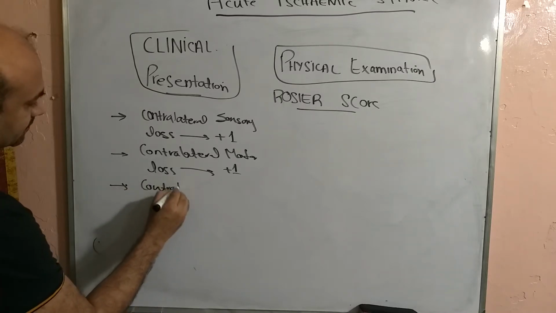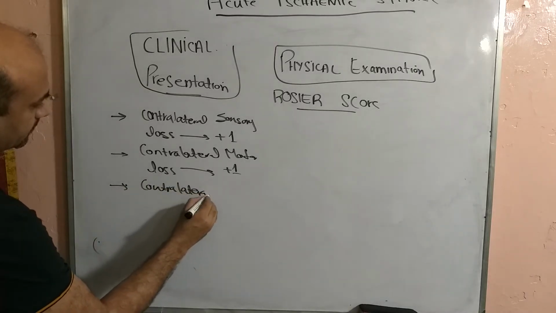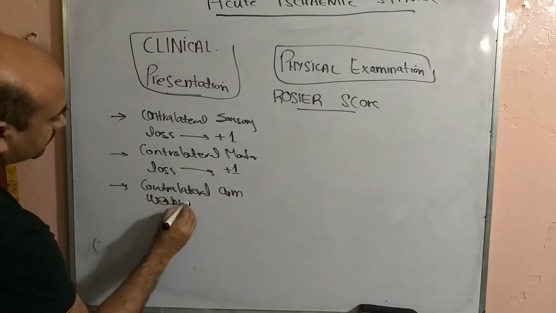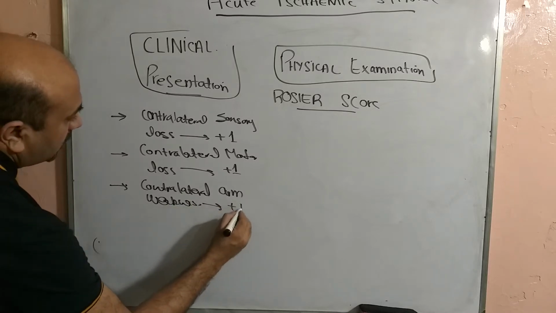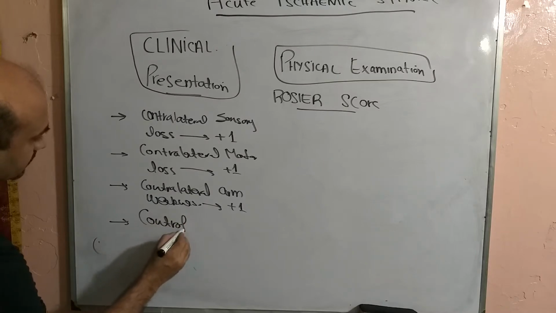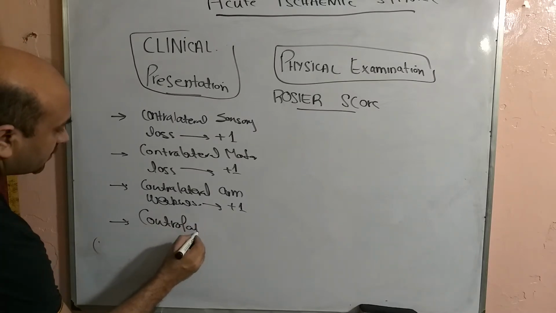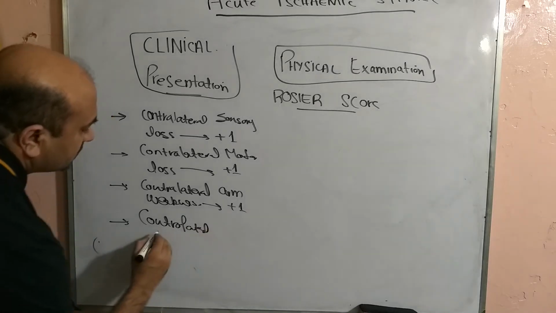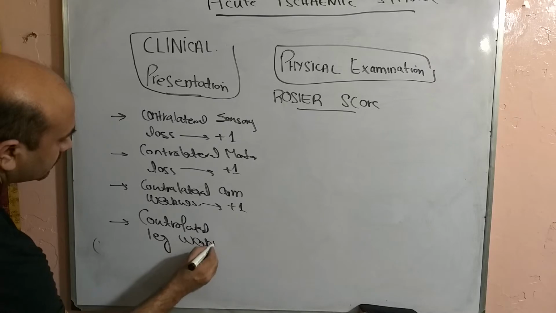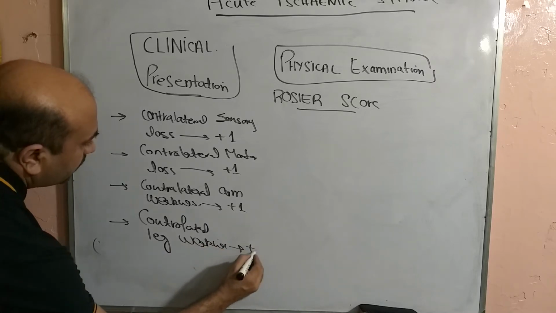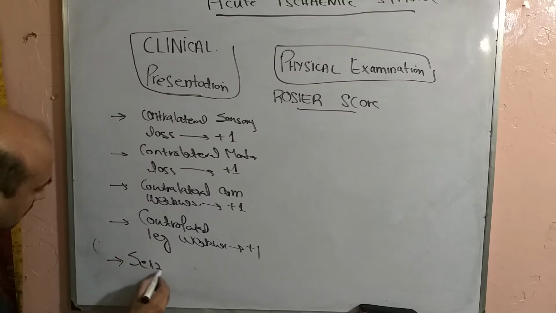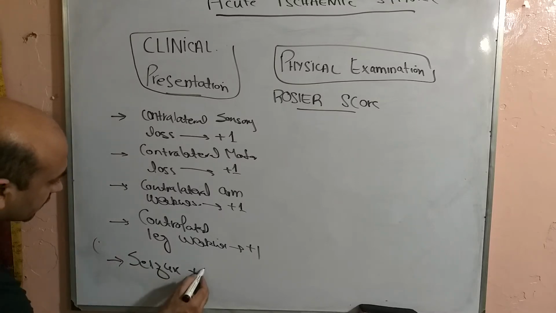Contralateral arm weakness is given 1 positive. Contralateral leg weakness is given 1 positive. If there is a seizure, it is given 1 positive.